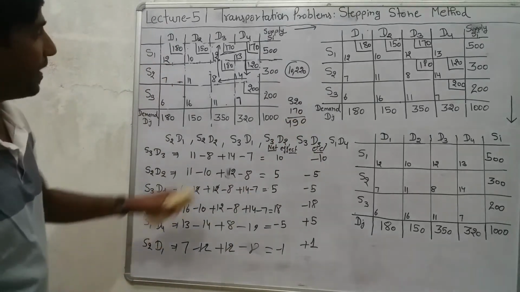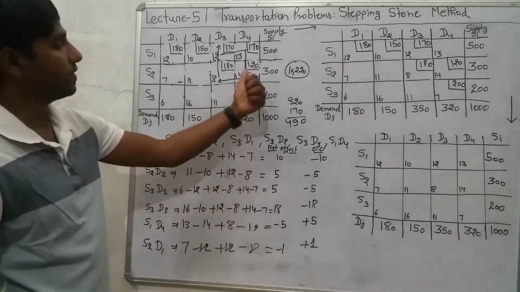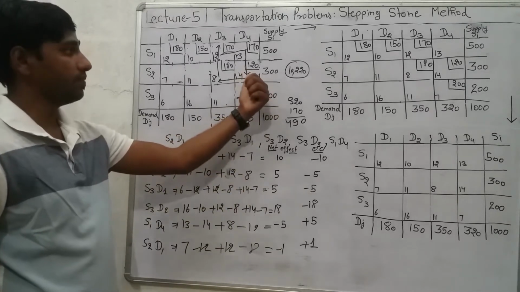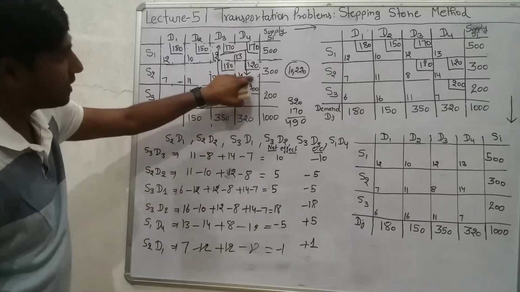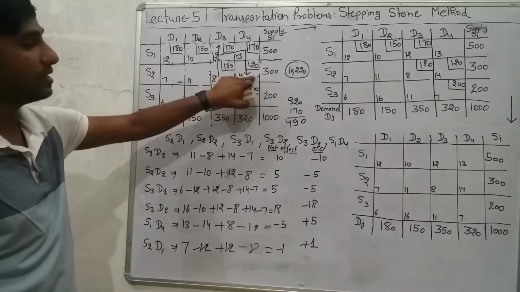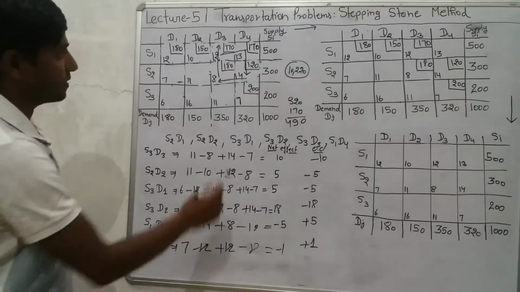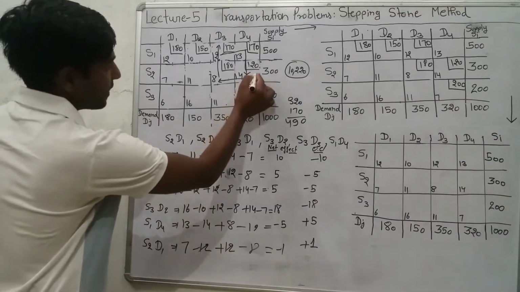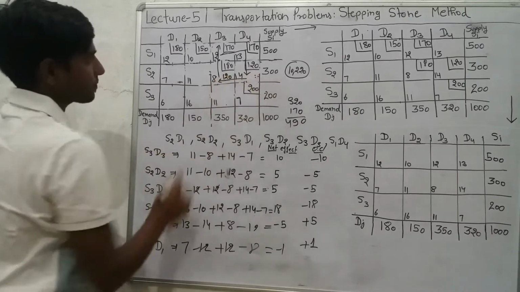So to balance the requirements, what do we have to do? We should transfer 170 units from this cell to this cell. But look at the availability of units in this cell. How many units are there? Only 120 units. So at max, we can transfer these 120 units to this cell.